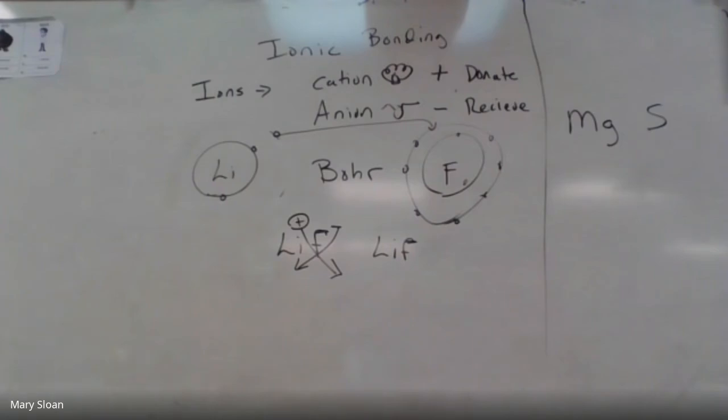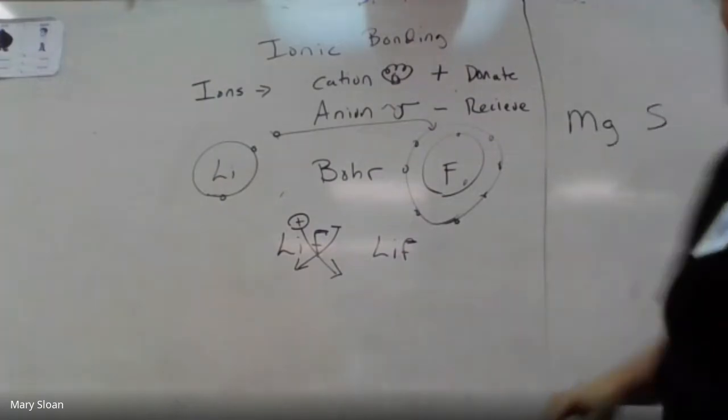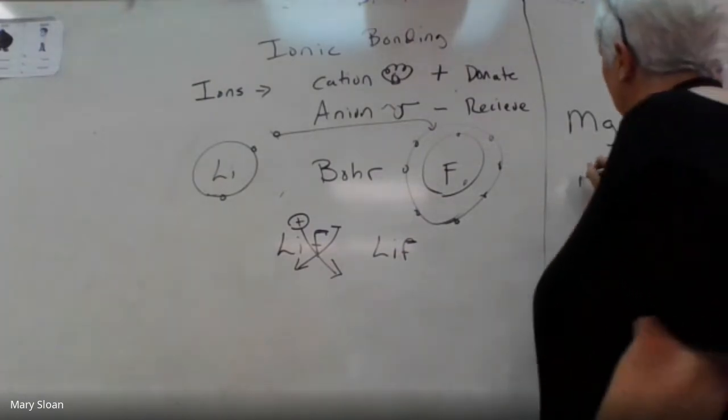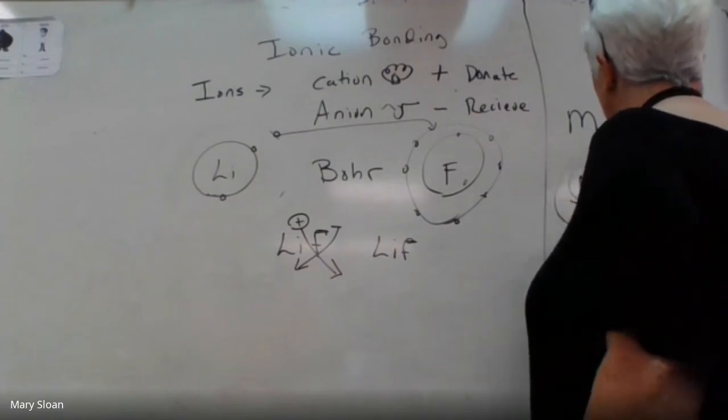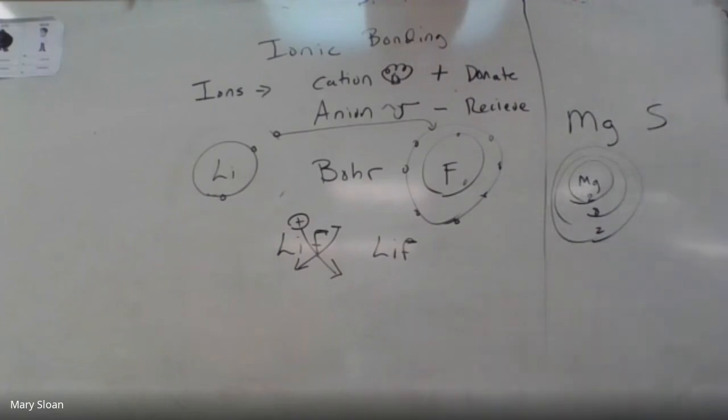Magnesium has 2 valence electrons, right? Correct. So the first thing we want to look at is how many energy levels do we have for magnesium? Mg has 1, 2, and 3: 2, 8, and 2. And then if we took sulfur, we have 3 energy levels: 2, 8, and 6, correct?